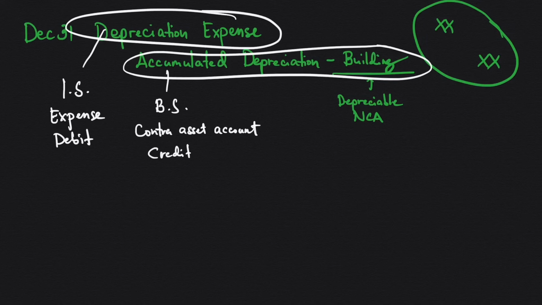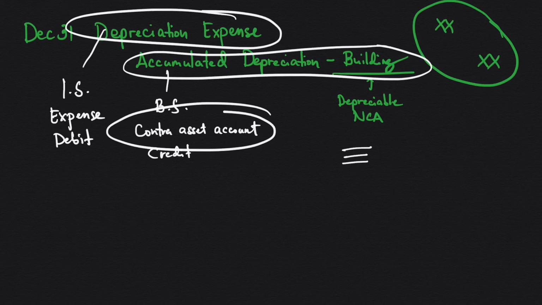Now, how is accumulated depreciation presented in the balance sheet? Being a contra asset account. Say this is the heading of your balance sheet. So after that, you have the current assets with the account titles and the amounts. Then after that, you have your non-current assets. And let's say your first line here is equipment, 500 pesos.